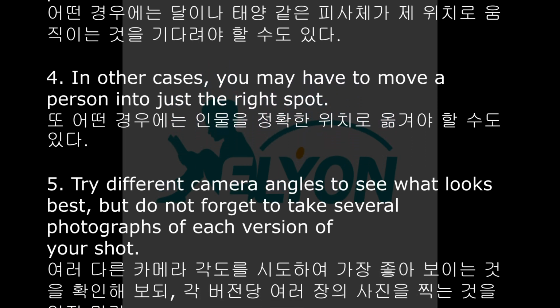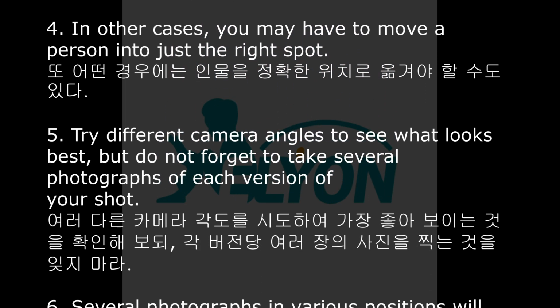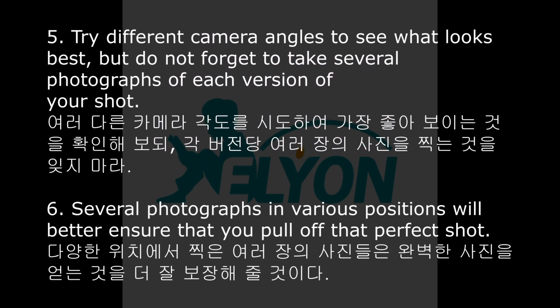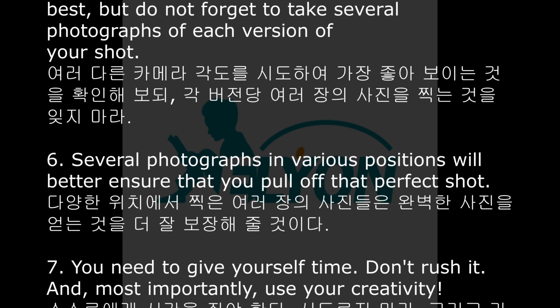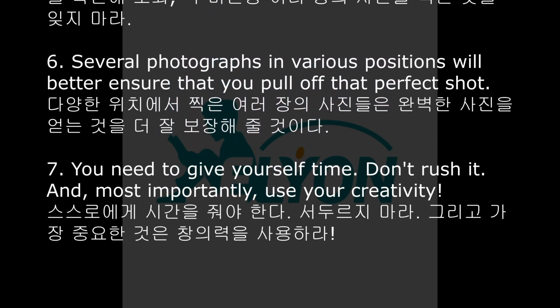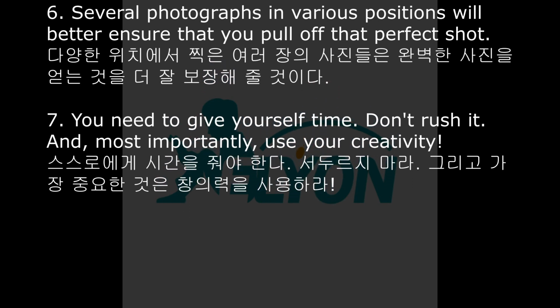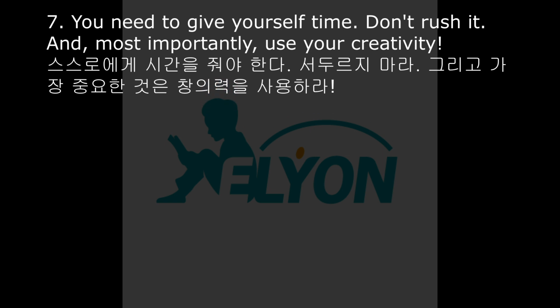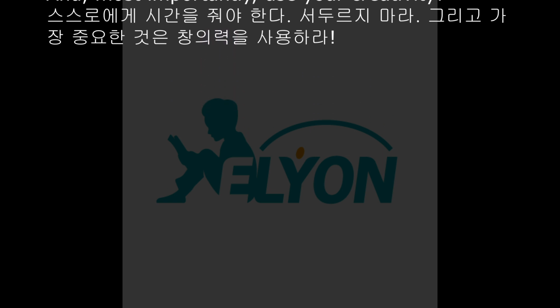Try different camera angles to see what looks best, but do not forget to take several photographs of each version of your shot. Several photographs in various positions will better ensure that you pull off that perfect shot. You need to give yourself time. Don't rush it. And, most importantly, use your creativity.